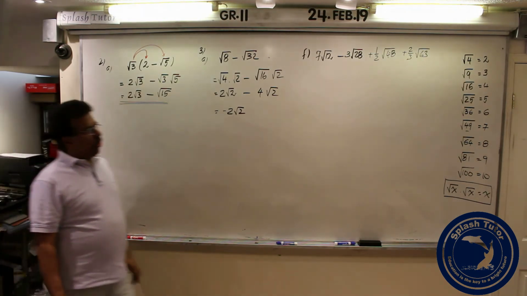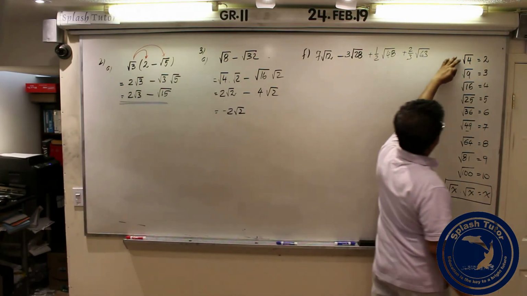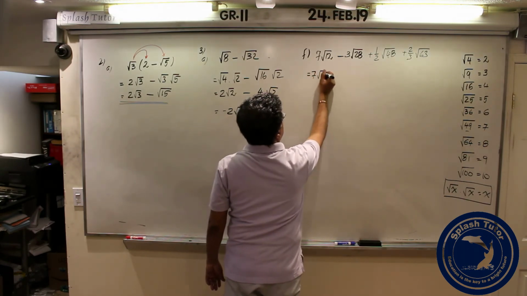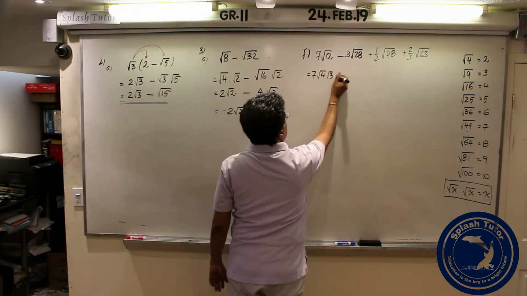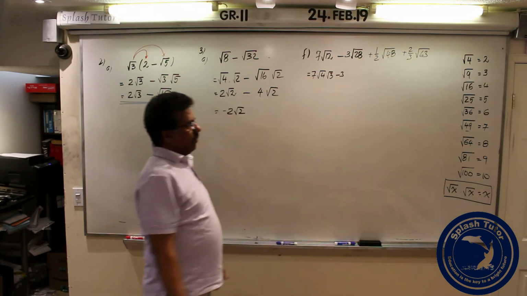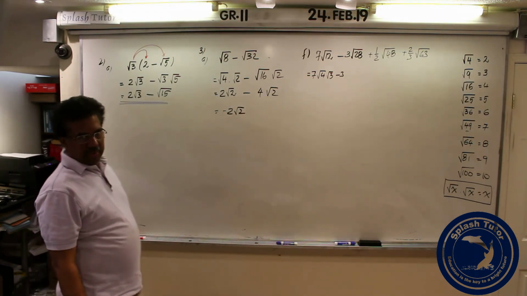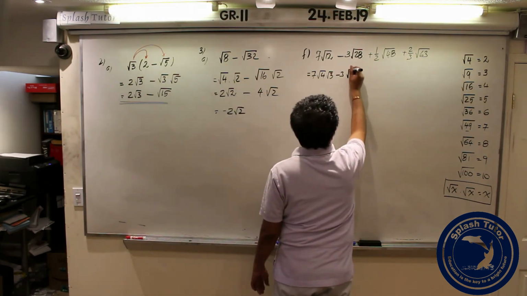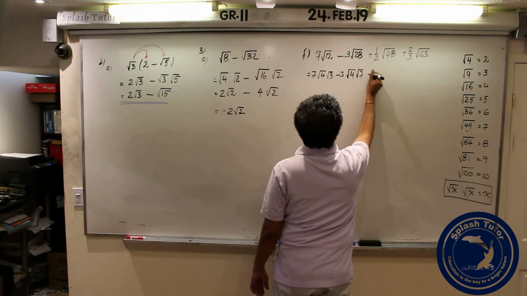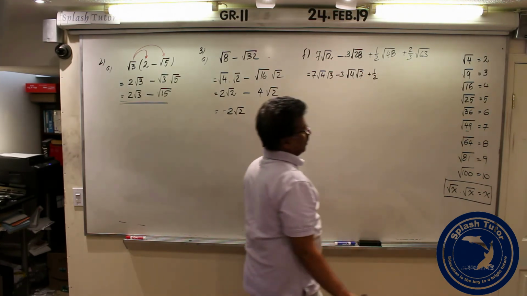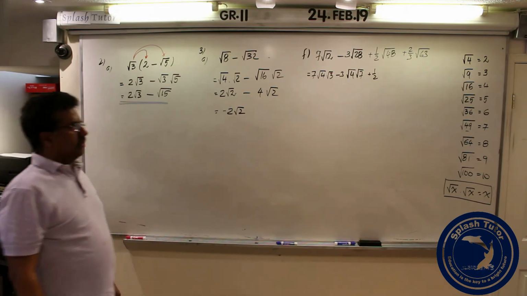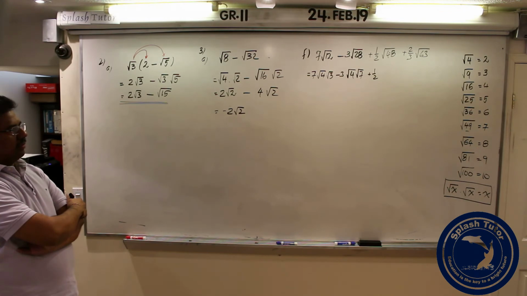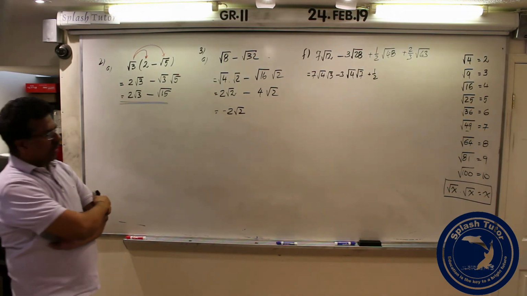Okay, again 12 is 4 times 3. So I'm going to do root 7, root 4 times 3, root 28. What can we do? 4 times 7. So that is root 4 times root 7. Root 48 is root 16 times 3.